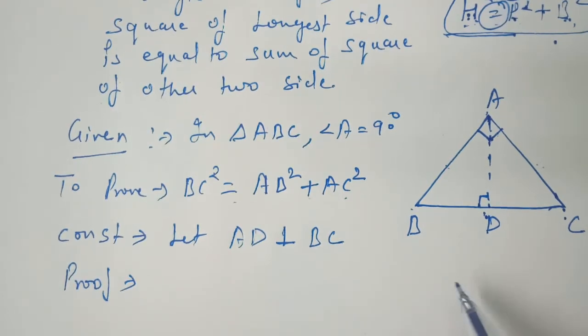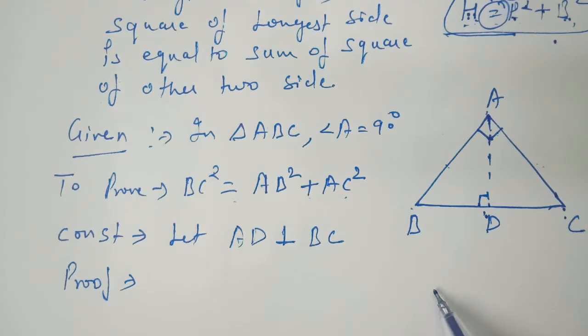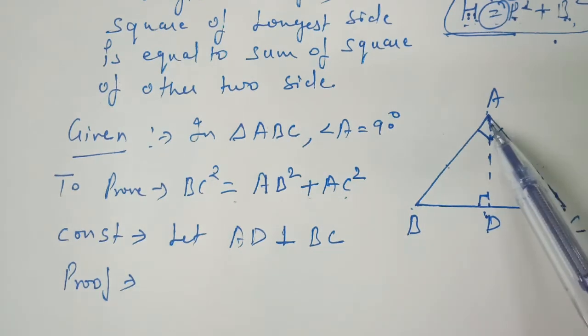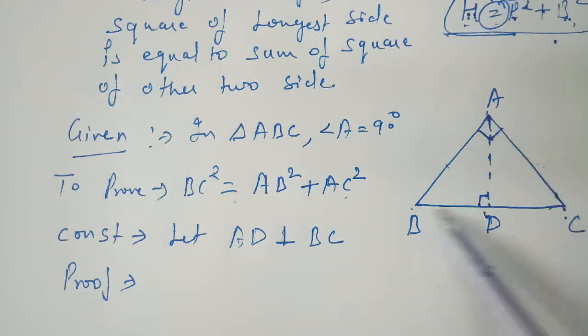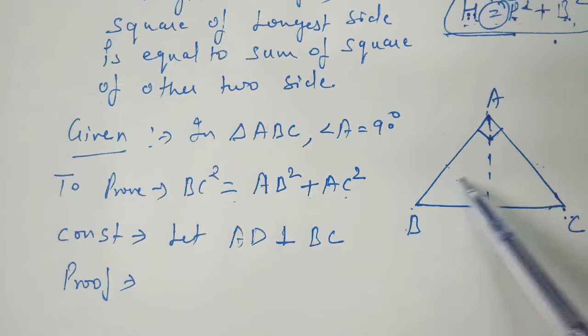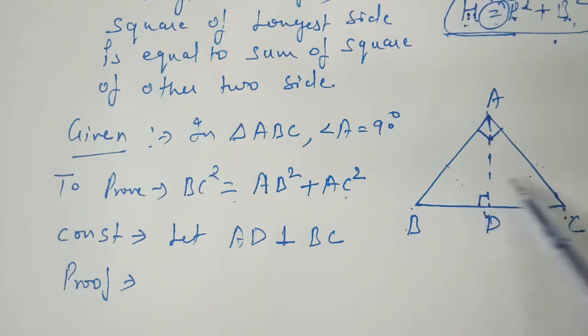For proving this condition we have to use the similarity criteria. For similarity we have to take two triangles and prove them similar. What will the two triangles be? First we observe that we have the main triangle ABC, or BAC, any name you can say, and inside it we have two smaller triangles.